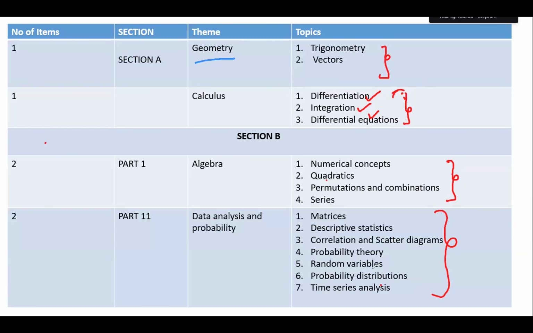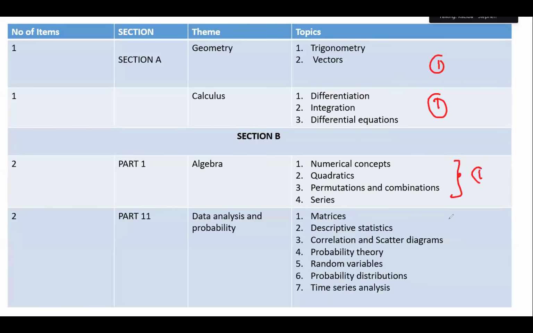It means that you must prepare very well for your paper. You must be well conversant with all the sections because you must do a number from here, you must do a number from here, and you must choose one item from here, and also you must choose one item from that section. Now that is how the paper is going to be structured.